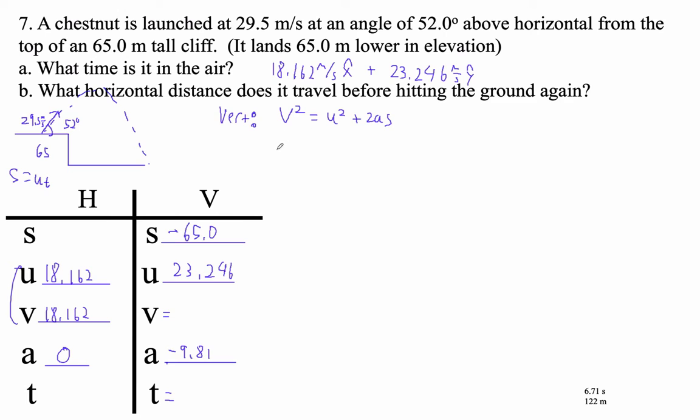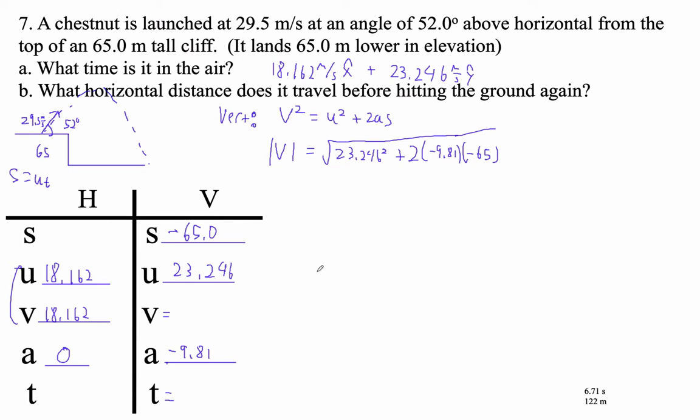So, final velocity. The absolute value of my final velocity is the square root of 23.246 squared plus 2 times negative 9.81 times negative 65. Now notice that because I made this negative, since we're going to end up lower, the term under the radical is positive, which adds to this and makes the final velocity a bigger number in magnitude.